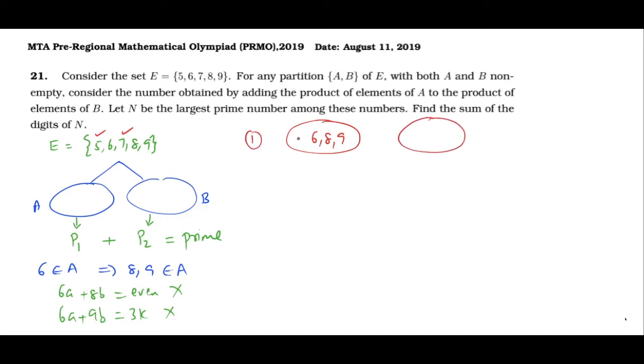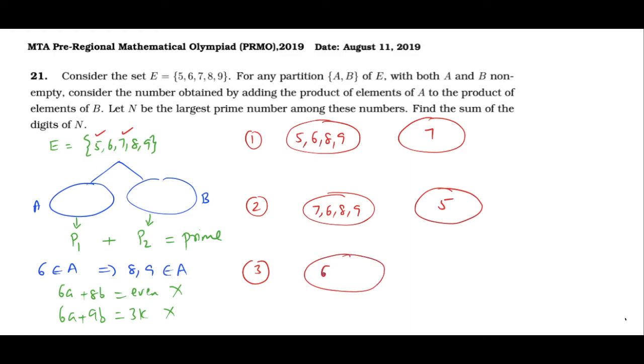Case 1, 5 can be in the first one, 7 can be in the second one, or 7 can be in the first one, 5 can be in the second one, or 5 and 7 both can be present in the second subset. These are the three cases possible.